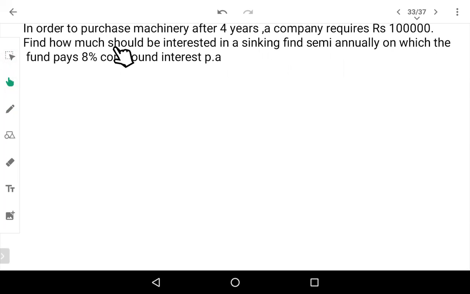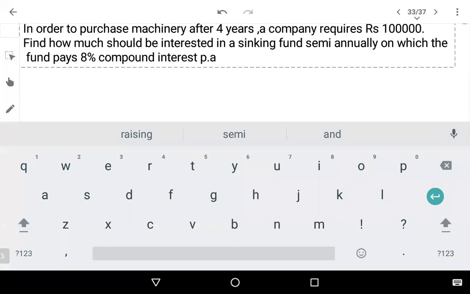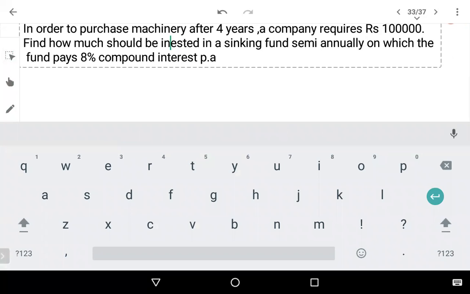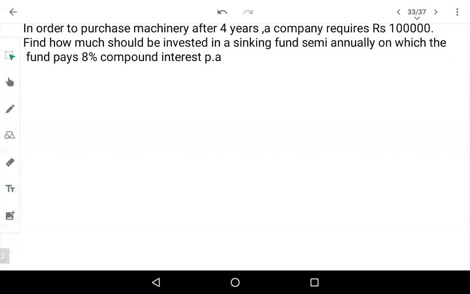Find how much should be invested in a sinking fund semi-annually. So half yearly, they're asking how much we have to invest, on which the fund pays 8% compound interest per annum.